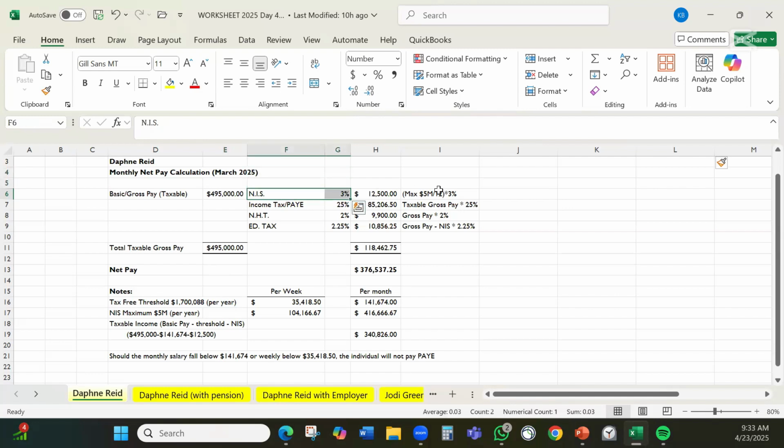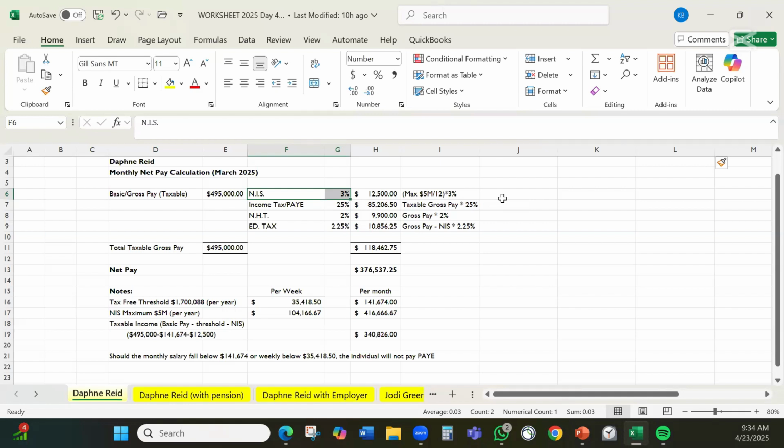You can see the NIS is calculated at 3% of your pay. And that is as long as it is below, let me try and say it so I don't confuse you. There is a maximum for the NIS, right? A ceiling for the NIS. You cannot calculate that 3% on any earnings above 5 million for the year.